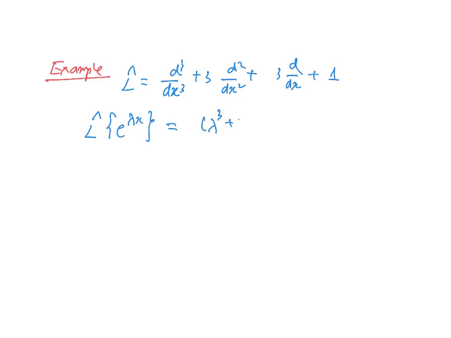Lambda cubed plus 3 lambda squared plus 3 lambda plus 1 times exponential lambda x, right? So it's lambda plus 1 to the cube exponential lambda x. So obviously it's a triple root. When lambda equals minus 1, both sides are 0, right?